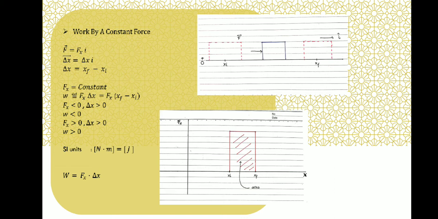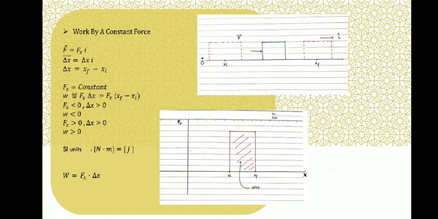First, for the case where Fx is constant, the definition of work done by the force in moving the object from the initial position to the final position is the product of the force Fx times the displacement, equals Fx times xf minus xi. This is the definition for cases where the force is constant.